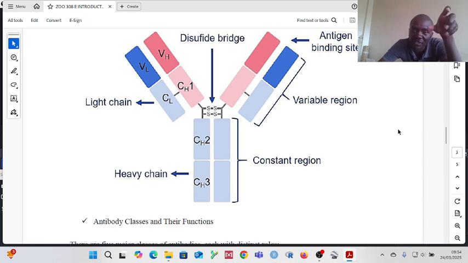So it's important that where the antigen binds keeps varying, because the antigens that come will be different. So that increases the ability of the antibody to keep binding different antigens as they come.